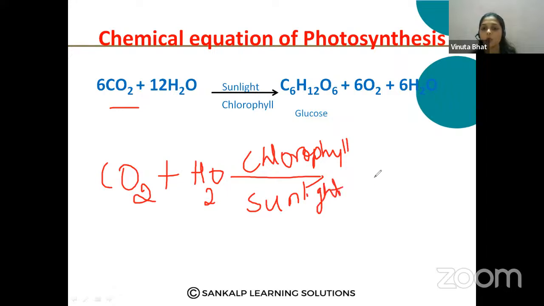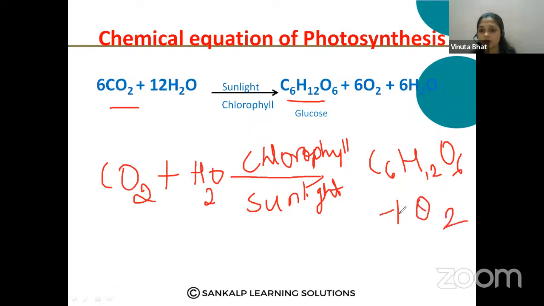Using these, what do they produce? They produce glucose, C6H12O6. And one more very important product is oxygen. Oxygen is released, and water is also released in a small quantity.